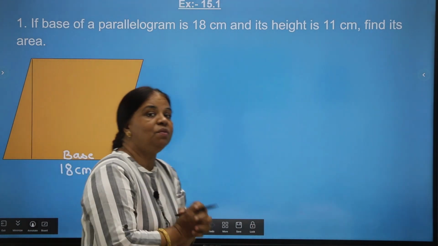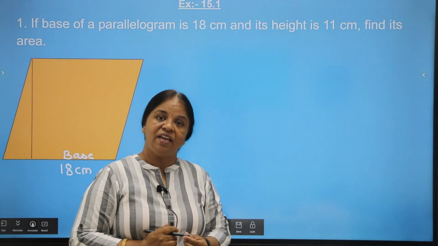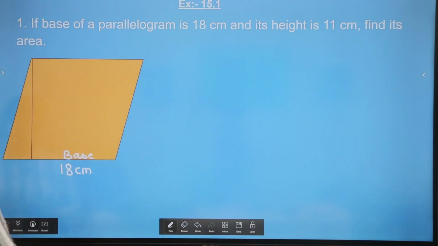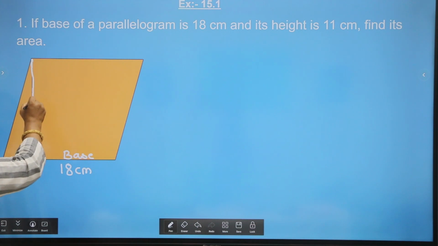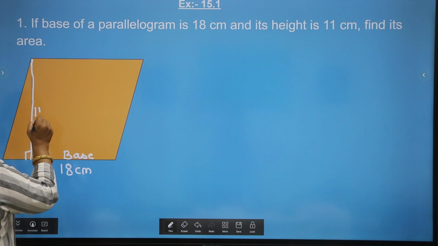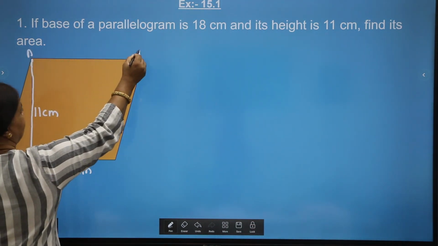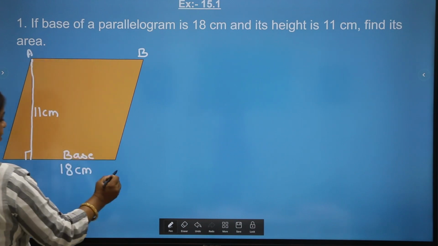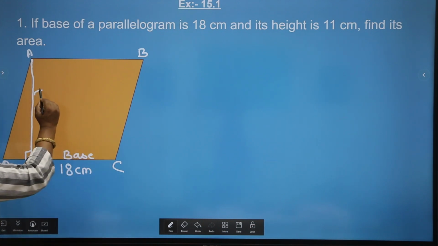Always it is very, very important to draw the figure and write down the parameters which are given. Height is given 11. Children, this is your height. And height is given 11 centimeter. Let us label it as A, B, C and D, and height as AM. AM is perpendicular to DC, and this is your height.